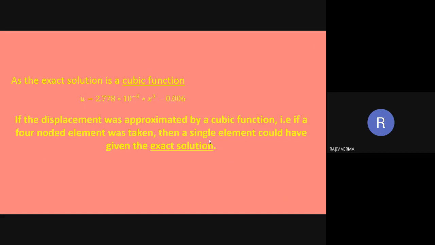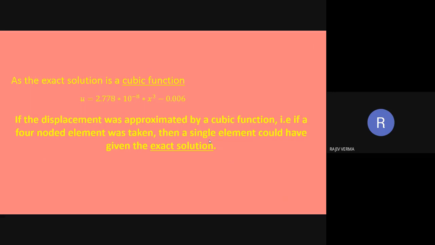This particular point is very important. It basically means that you could have obtained the exact solution using only one element. But this condition is going to be met only if the element which you are going to take for the solution is a cubic element.